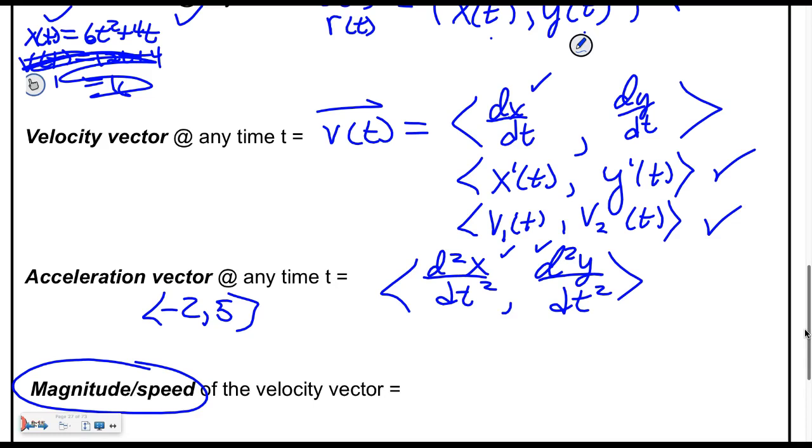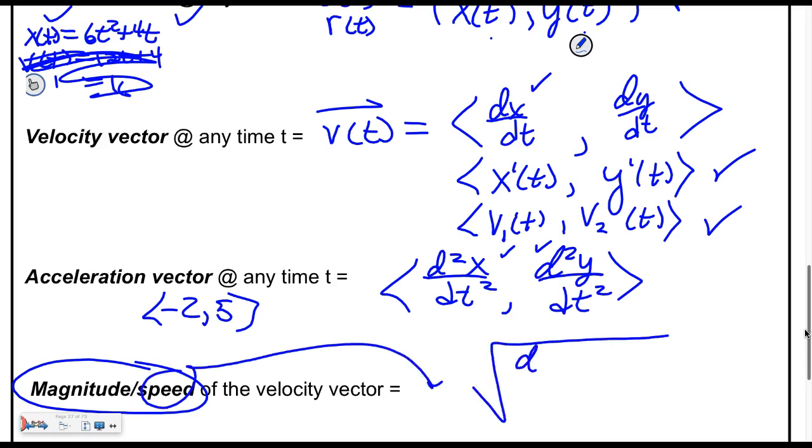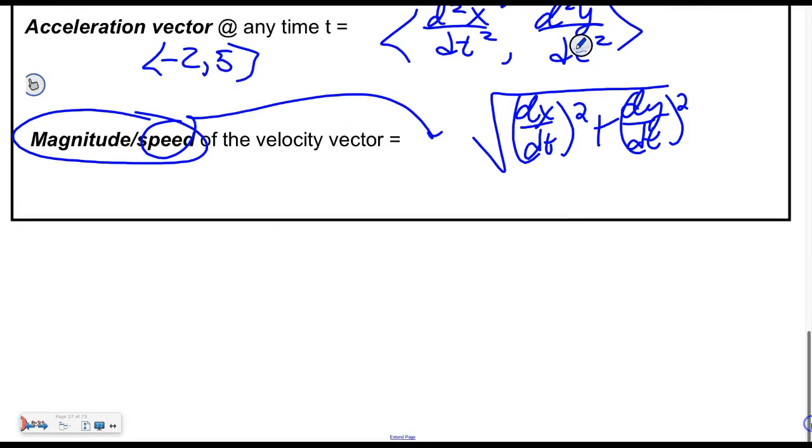So when it says the magnitude of the velocity vector, also known as speed of the particle, you'll do the square root of (dx/dt) squared plus (dy/dt) squared. Now this should look familiar to you because this is part of a formula. What formula that you already know is it a part of? Arc length. Now watch.